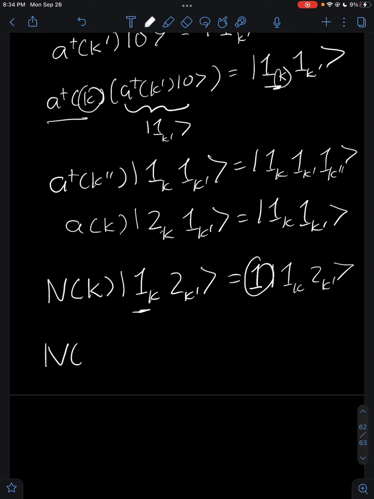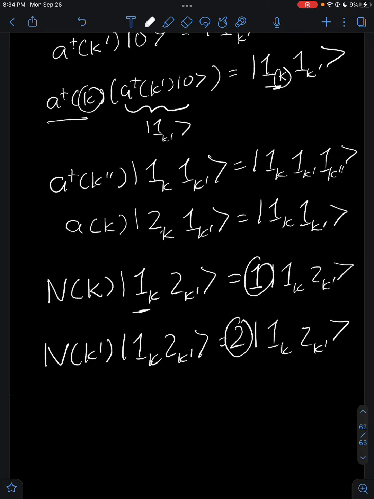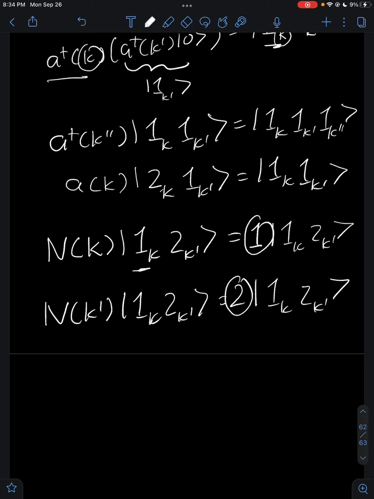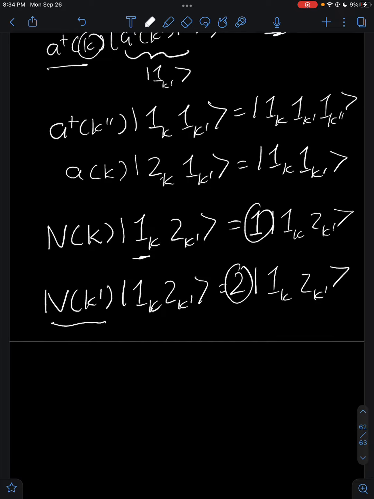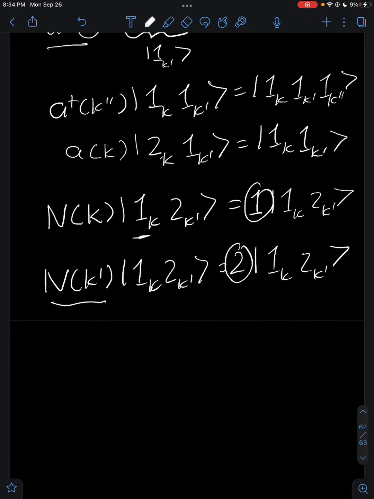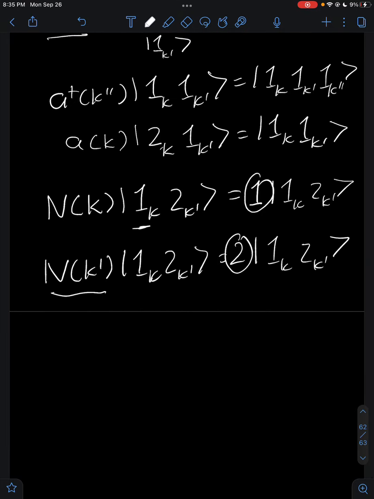If we had N of k prime acting on this Fock state, we would have 2 times |1_k, 2_k'>, since there are 2 particles with momentum k prime in our system. So the number operator doesn't tell us the total number of particles in our system. Instead, it tells us the total number of particles with some particular momentum in our system. So it sort of picks that out.